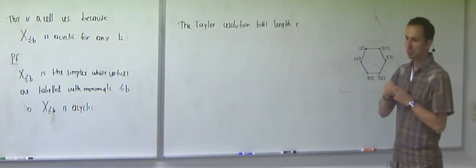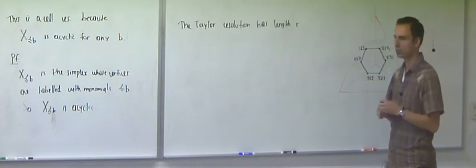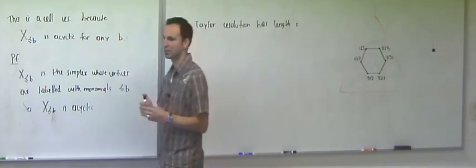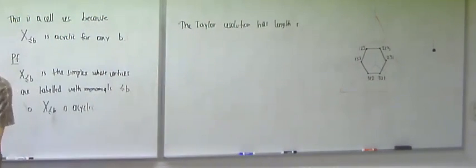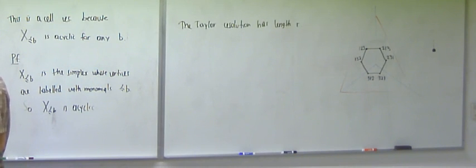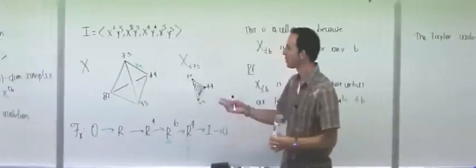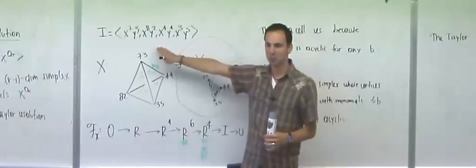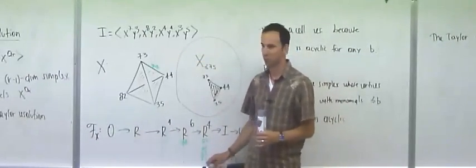Now, does that seem short or does that seem long to you? I see some of you kind of muttering long. For example, for this ideal, how many steps would you expect to take? Just 2, right? Because there's 2 variables.